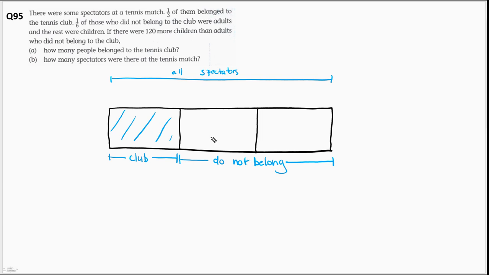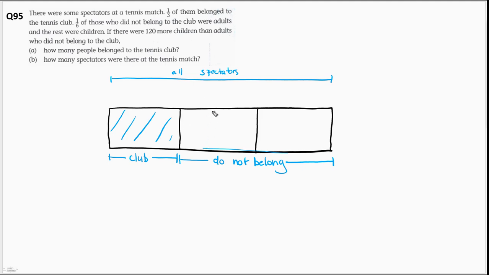That's this bit here. All right, so making sure that we know what this is a sixth of. So 1/6 of this part of the total, okay, so this is the whole that we're talking about now, did not belong to the club, and it says 1/6 were adults.